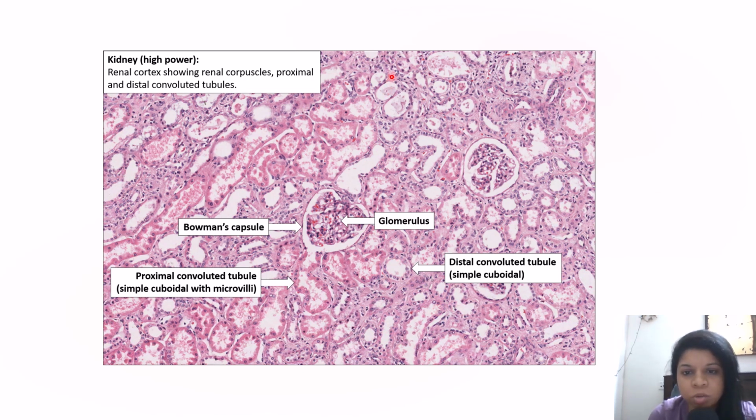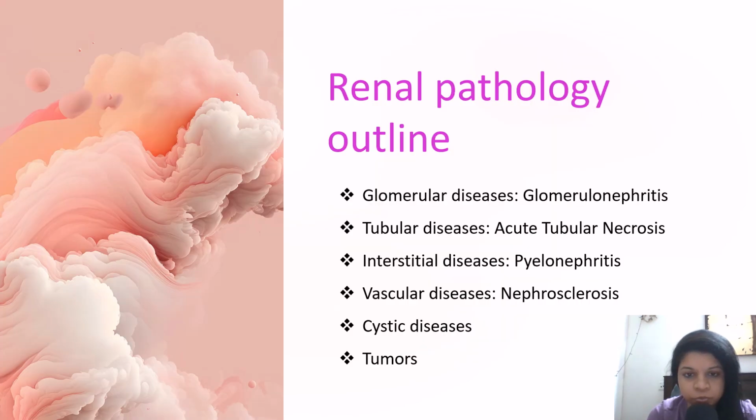There are also some vessels that you can identify a little less in this slide, because you identify capillaries or vessels mainly by the presence of RBCs in them. If you get the main slide, you might identify it better. So there will be vascular supply, glomerulus, tubules, and then a small interstitium in between. If there are pink areas, it is better if you can appreciate it. But when diseases come, the interstitium will proliferate more, so you will appreciate it more.